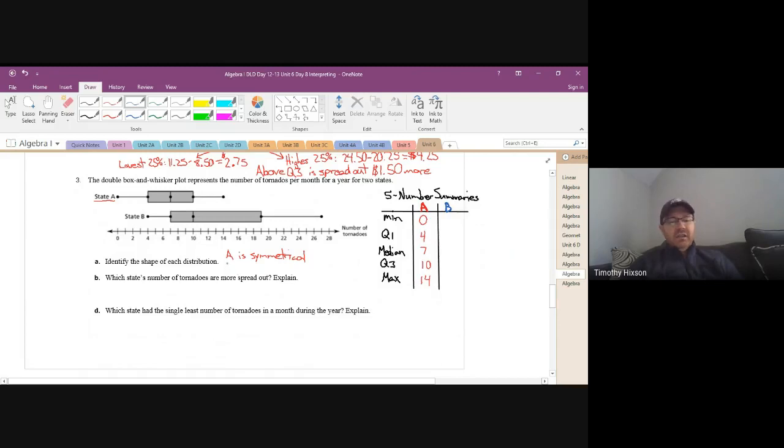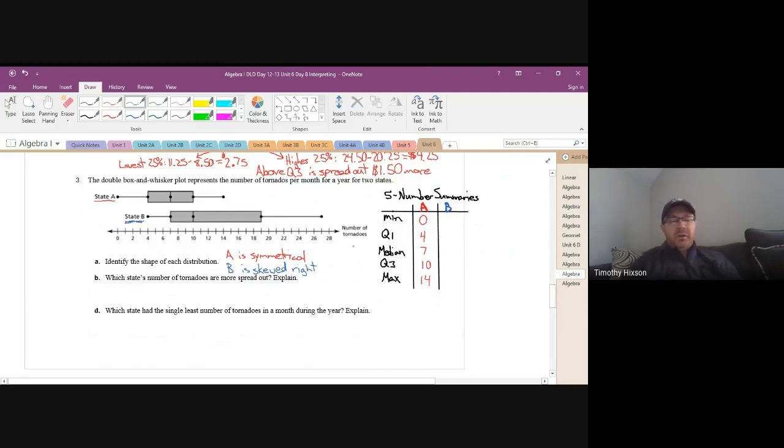So B, we would say, is skewed to the right, because the more spread out side is to the right. So the mean is going to get pulled over in the positive direction, or to the right.